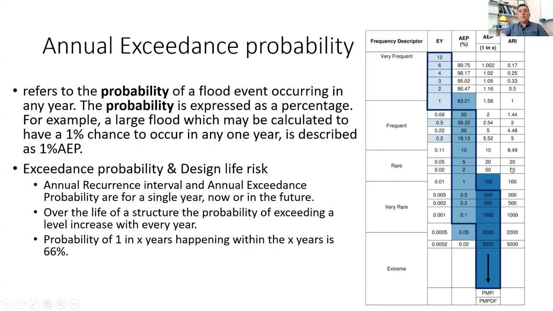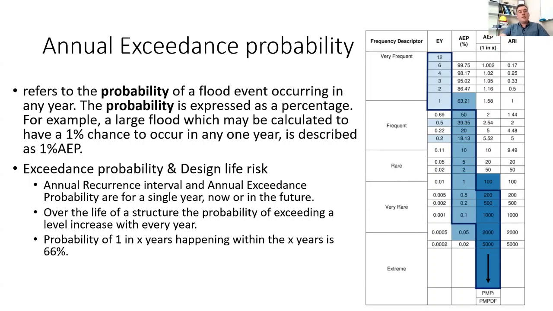A 1 in 50 year event corresponds to a 2%, so 2 in 100, annual exceedance probability. So the annual exceedance probability and annual recurrence interval are all based on it occurring in any given year. So in one single year, so a year now or a year in the future, say 2015, what's the probability of that occurring?